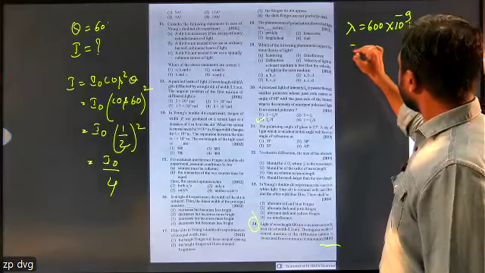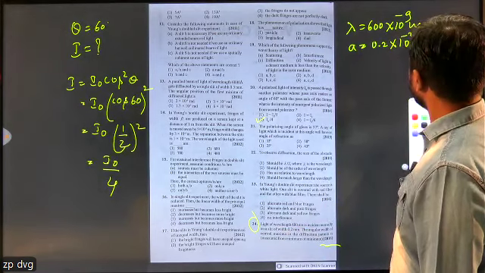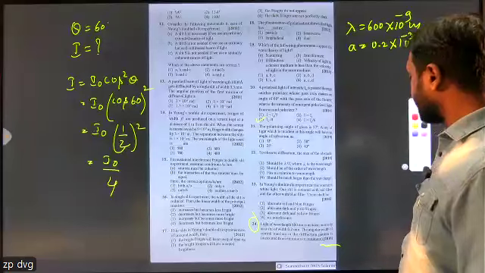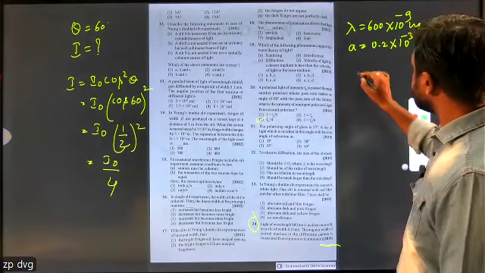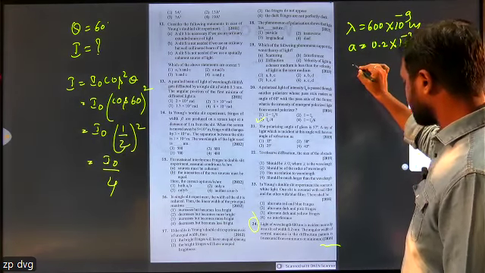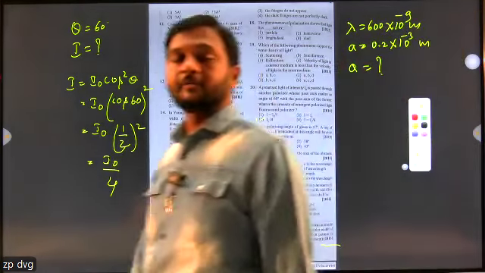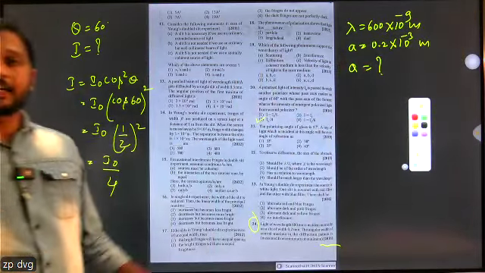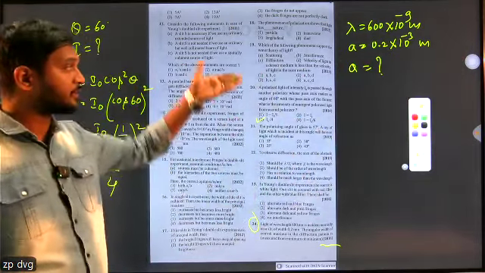Slit width a is 0.2 into 10 to the power of minus 3. The angular width of central maxima in the diffraction pattern is asked. Again, this is on the basis of formulas for angular maxima, angular minima, and angular position of diffraction.